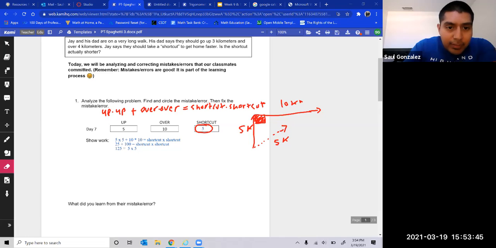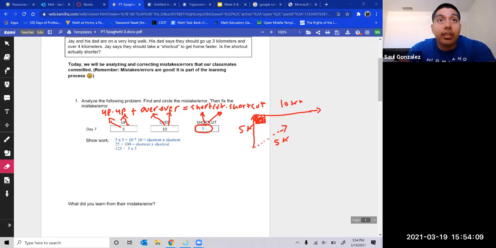Okay, so it looks like up was 5, so they plugged in 5 there, 5 here. Over was 10, so plug in 10 over here. Shortcut, well, that's what we're looking for, right? We don't really know what that shortcut is yet. So good, they have 5 multiplied by 5 plus 10 multiplied by 10 equals the shortcut multiplied by the shortcut. Okay, good, so I don't see any problem there.